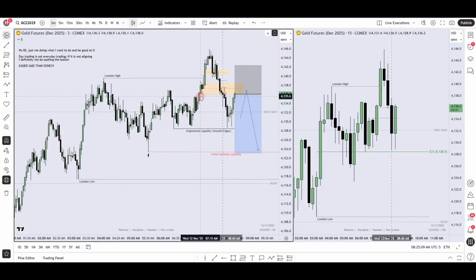So 3 sets of PDRs stacked together, and I have my stop loss just right above it. So we'll see how that plays out.